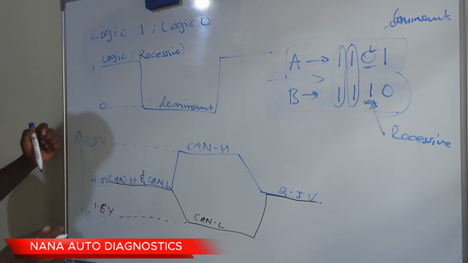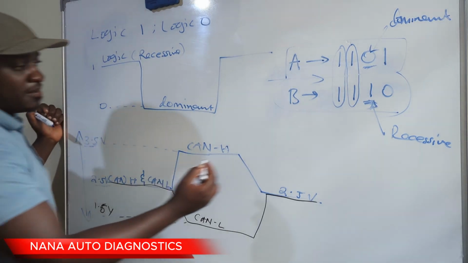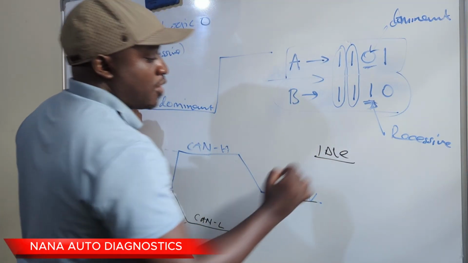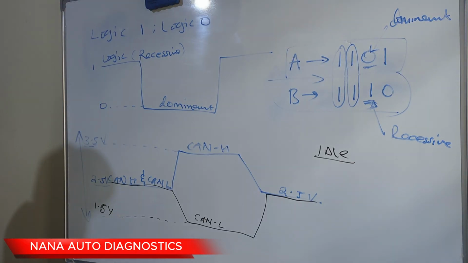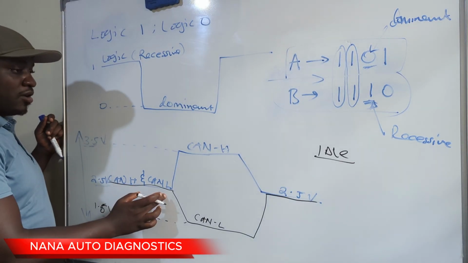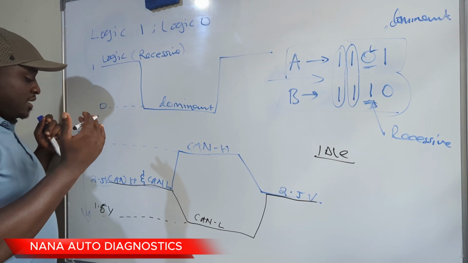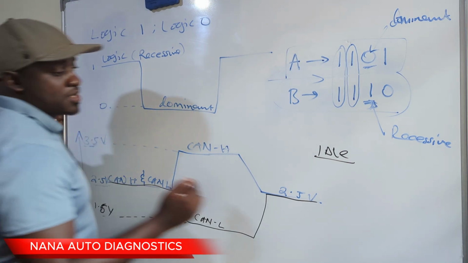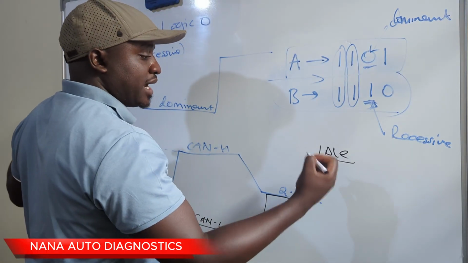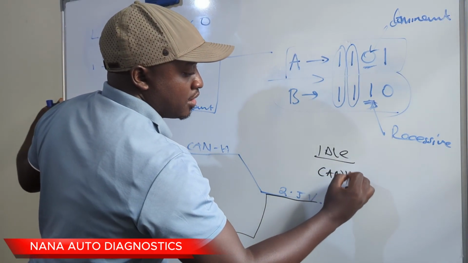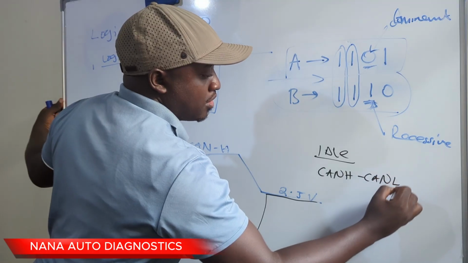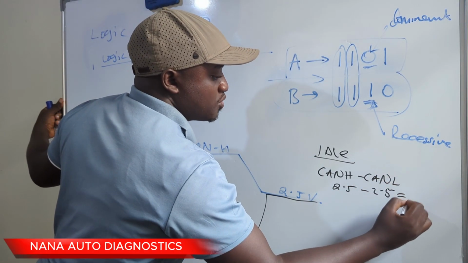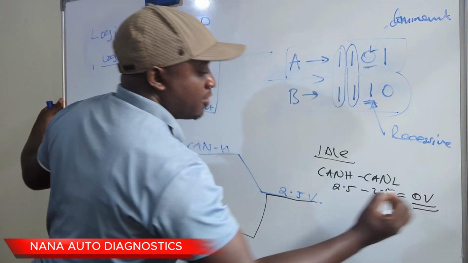So what happens is, whenever the system is at idle or doesn't have any transmission, CAN high and CAN low both sit at a voltage of 2.5 volts. So when you get the difference between CAN high and CAN low, we shall have 2.5 minus 2.5, which will give us 0 volts.